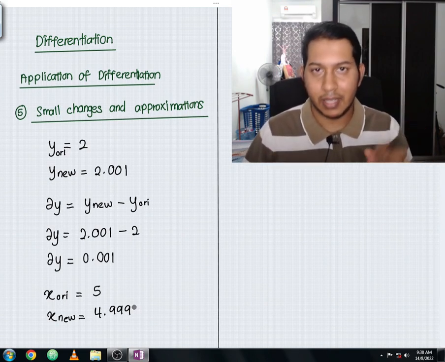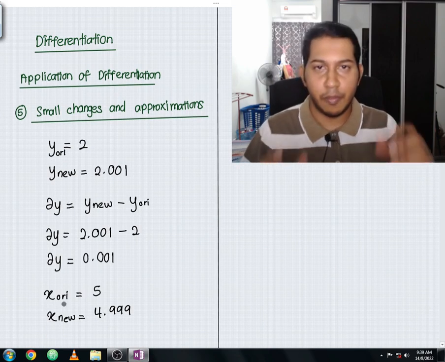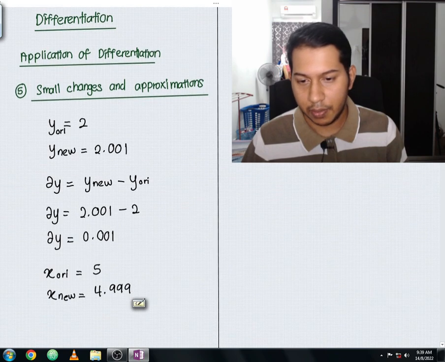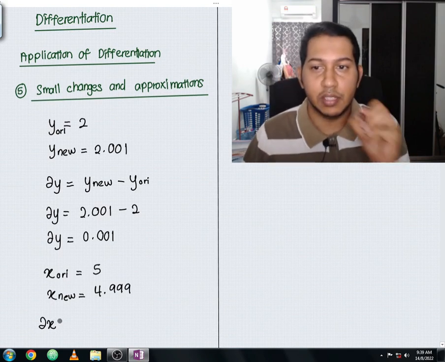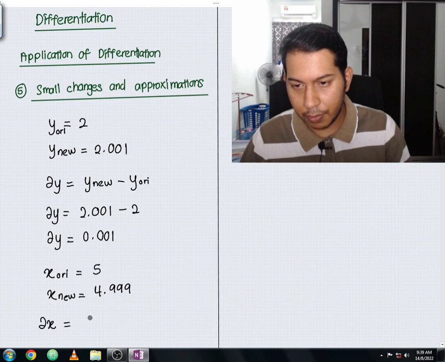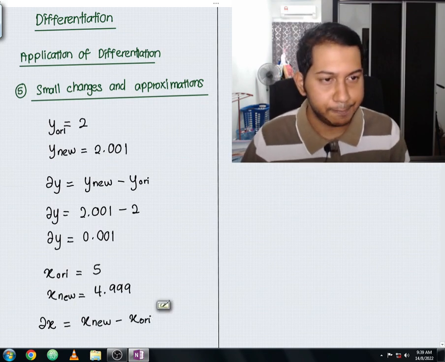The method is similar to finding delta y: the new value minus the original. So to find delta x, which indicates the small change in x, delta x equals x new minus x original.